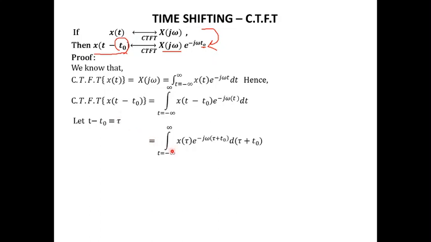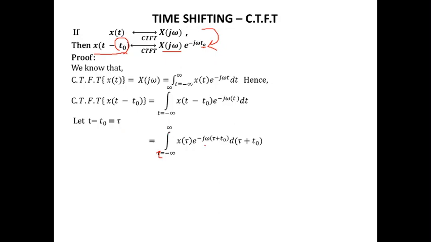So integration from minus infinity to infinity. Here you can see that in the place of t minus t naught, I am replacing it by tau, right? Since you are replacing the variable by tau, the integration also becomes with respect to tau. So what will happen to the tau limits? Since both limits are minus infinity to infinity, if t is minus infinity, tau also will be minus infinity. So the limits will also remain the same.